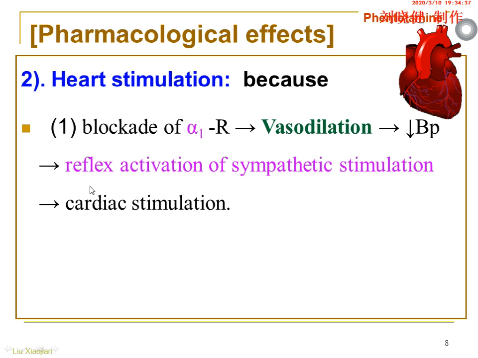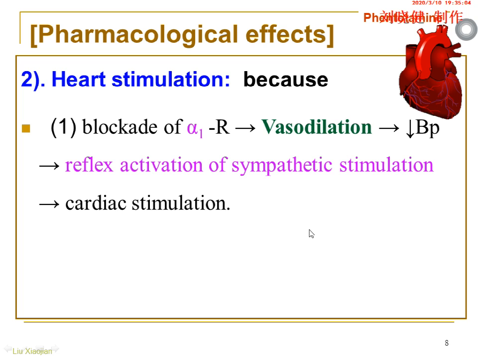So in the body, there is a reflex activation of sympathetic stimulation. Increased sympathetic stimulation acts on the heart. It will induce a positive effect on the heart. So it is cardiac stimulation. Maybe heart rate increases by this.